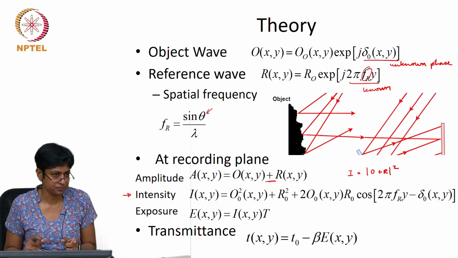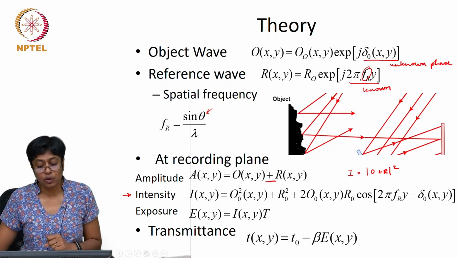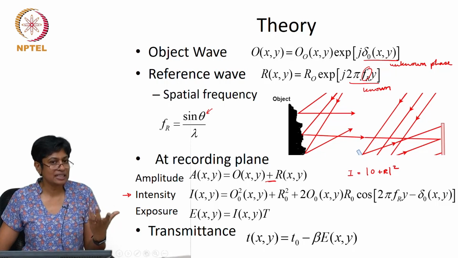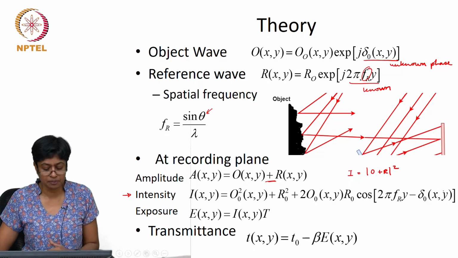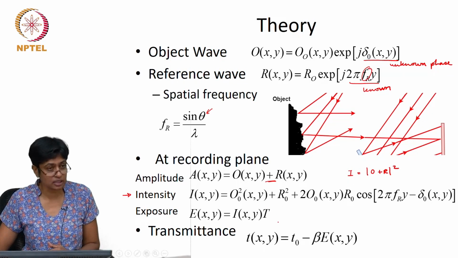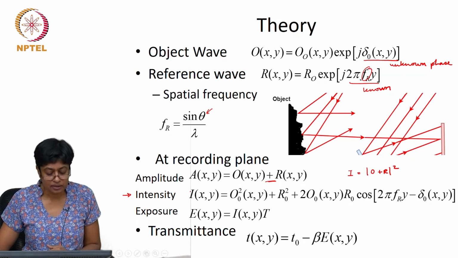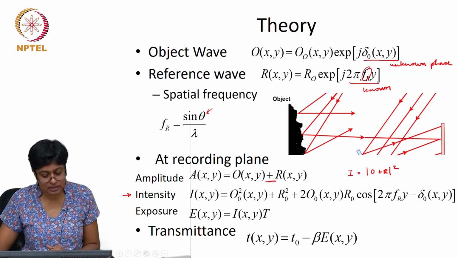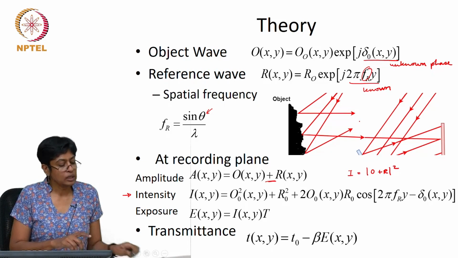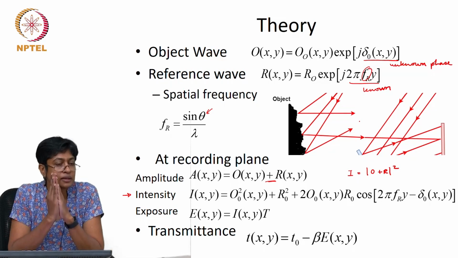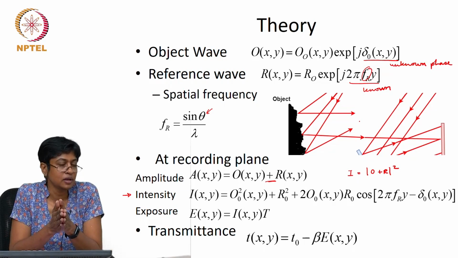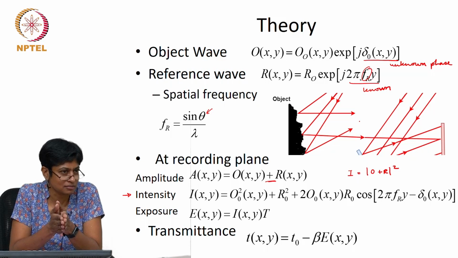Okay. You now let this light be incident on the plate for a certain period of time t. So, that is the exposure. So, the exposure is this intensity I into the time t. And we looked at what happens when you have an optical element with a certain transmittance, right?